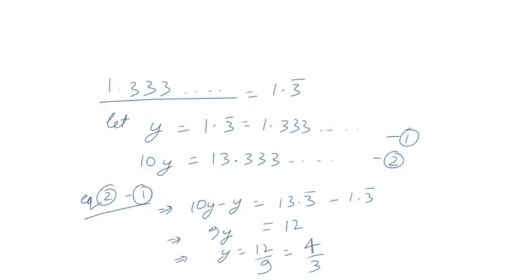Next, what was our question? 1.23 bar. Okay. Hence 1.233. These all types you can solve. Same process.